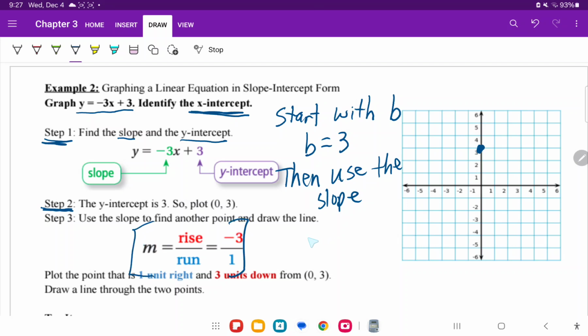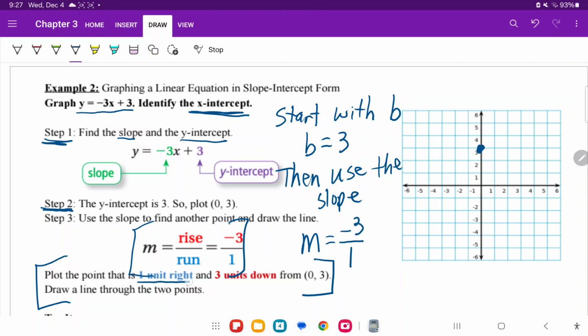So our slope is -3, but to be able to do the graphing, we need it as a fraction. So you need to put -3 over 1.